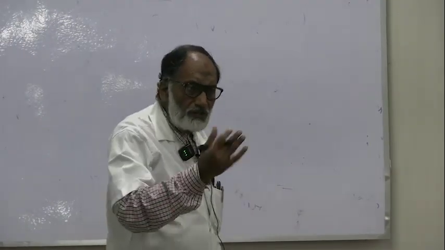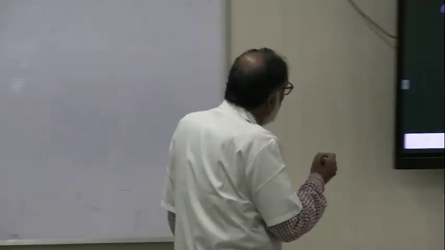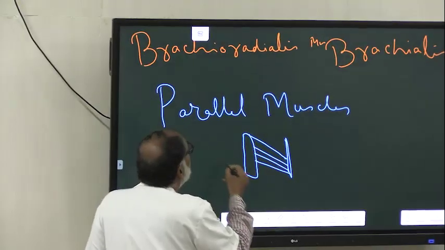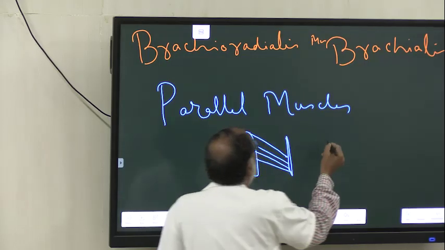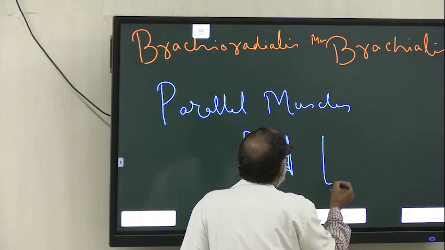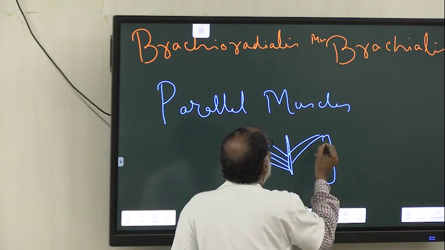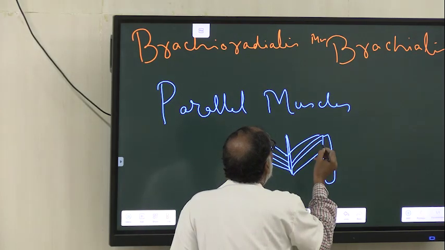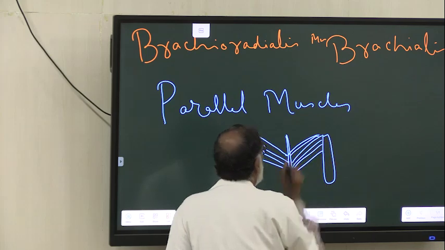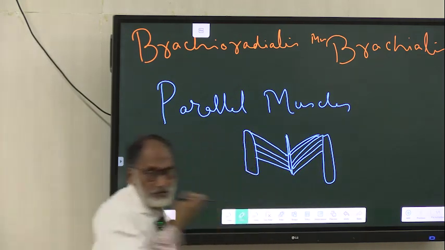If there are both directions, suppose another tendon is here, and another bone, and like this, this is called bipinnate muscle. You have already heard the name of this muscle.